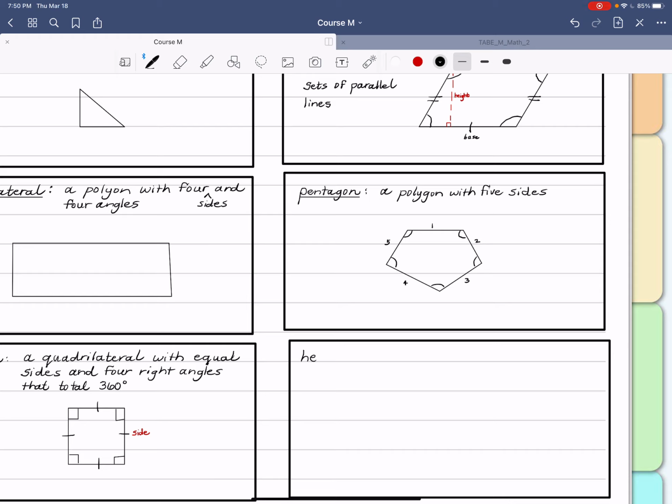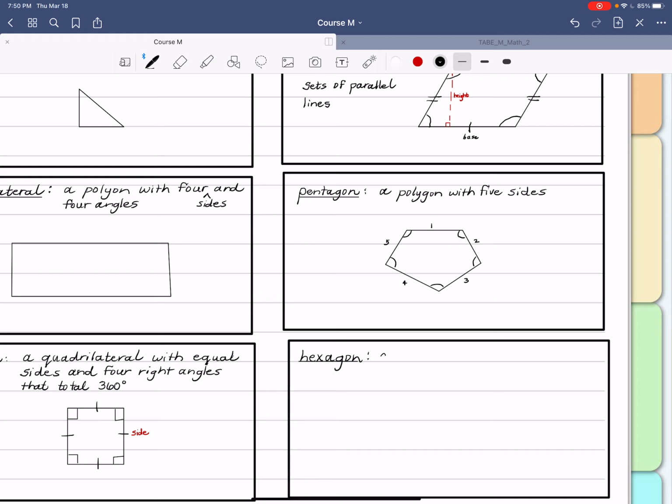A hexagon. Hexa has the word six, has the X in it, just like the word 6. So hexagon is a polygon with 6 sides.